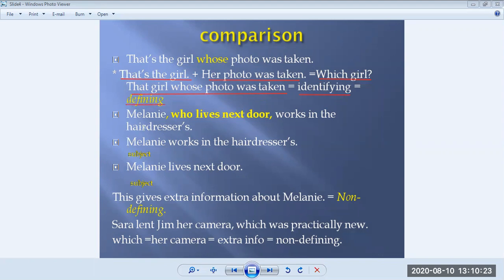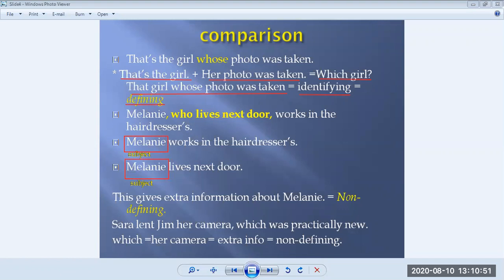Okay. So the next one: Melanie, who lives next door, works in the hairdressers. What does that mean? Melanie works in the hairdressers. Melanie lives next door. If you see the structure of the sentence, Melanie is the subject, so it doesn't actually define.